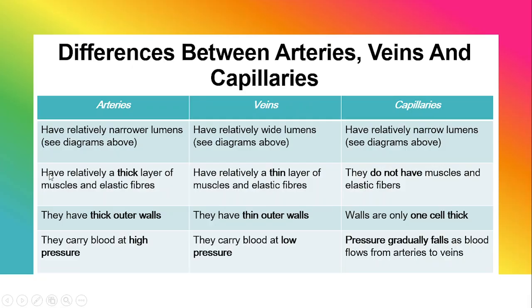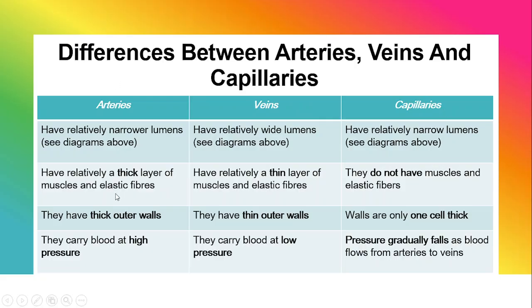Now also, the arteries have a relatively thick layer of muscles and elastic fibers, while veins have a relatively thin layer. So there's the difference in terms of muscles and elastic fibers: arteries have a thick layer, while veins have a thin layer, while the capillaries do not have muscles and elastic fibers.